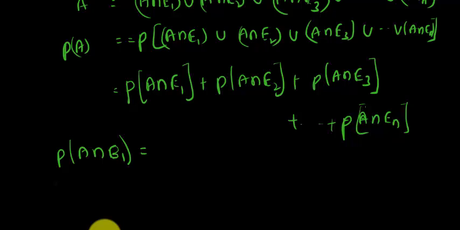If you can generalize and write this as B, I can simply say that this is equal to probability of B into probability of A given that B has occurred, using conditional probability, isn't it?